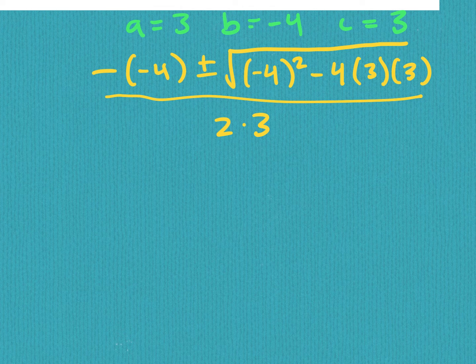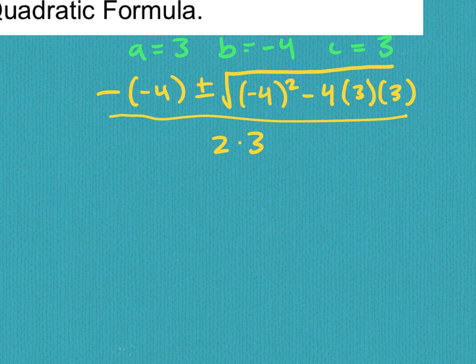Now we simplify. What would you simplify first? Okay, we can do that. What's negative 4? Positive 4. And then I can simplify under the square root. So what's negative 4 squared? 16.